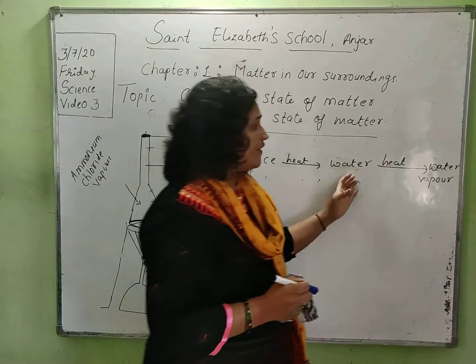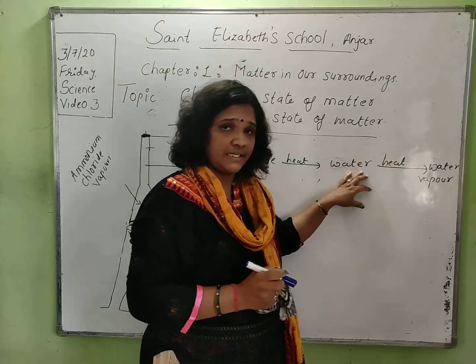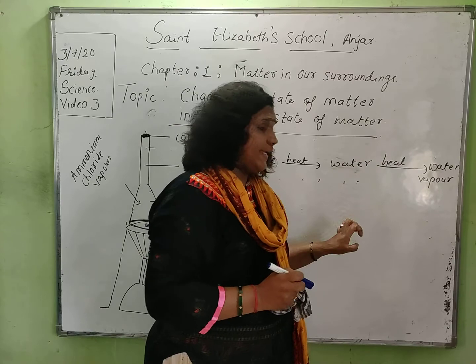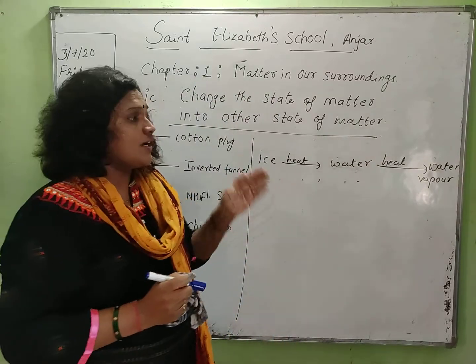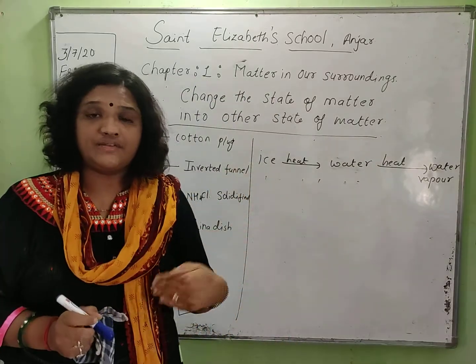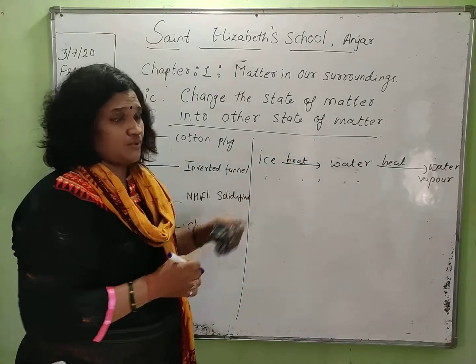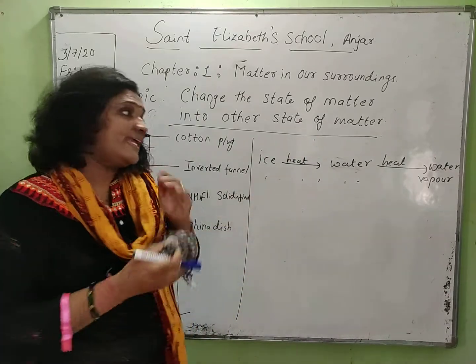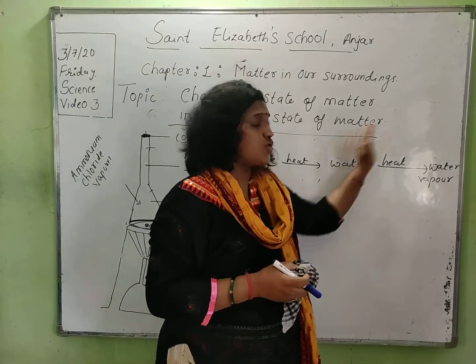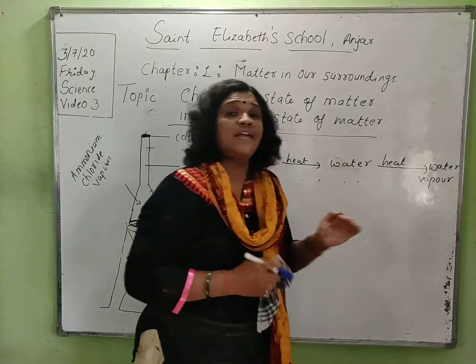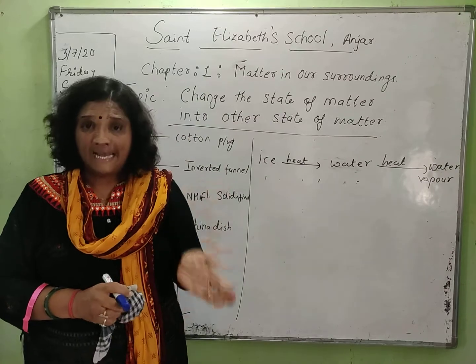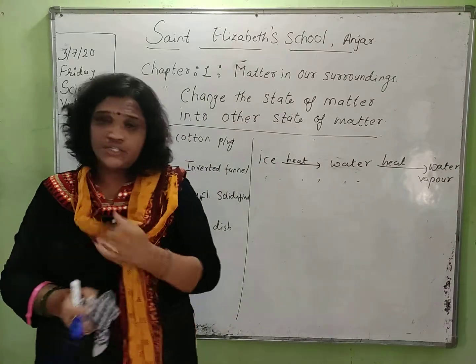Because whatever heat we have provided to the water particles is absorbed by the water particles to convert them into vapor, and therefore that heat is also known as latent heat. But here the liquid converts into the gaseous form, therefore this heat is known as latent heat of vaporization.